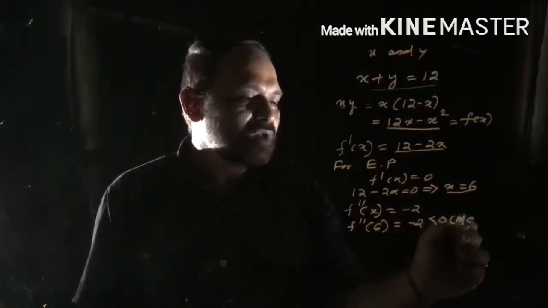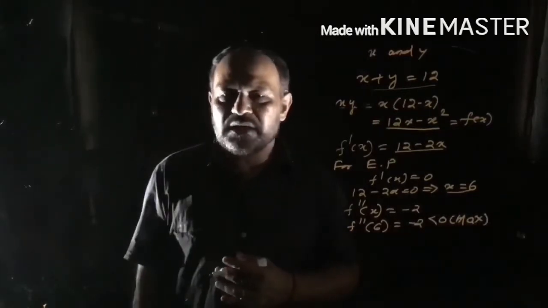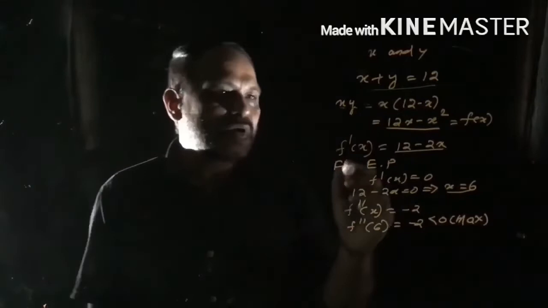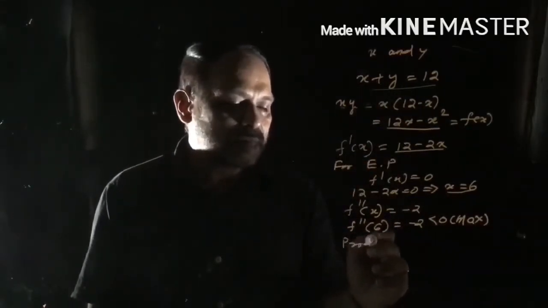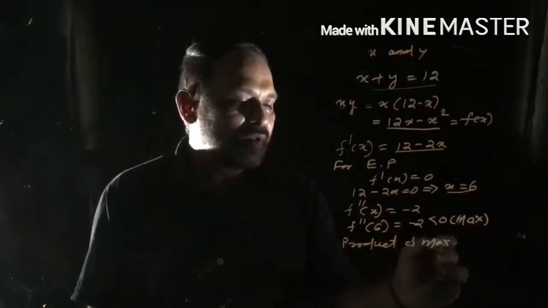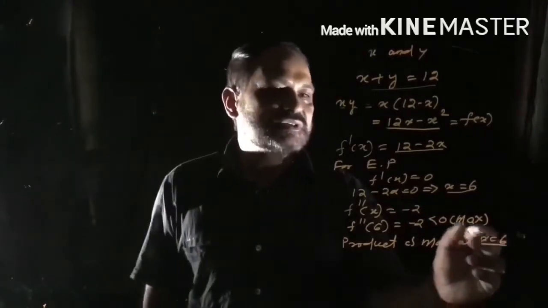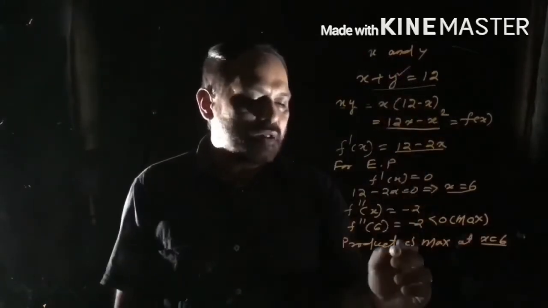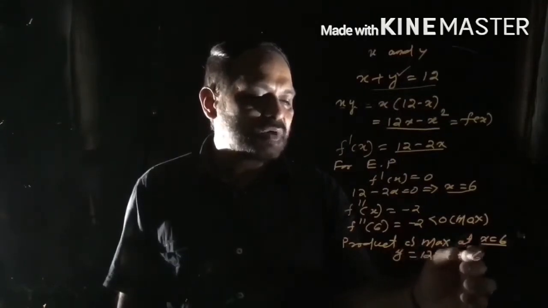Less than 0 means the function is maximum at that extremum point. Therefore, in this question, the product is maximum at x equal to 6. If x is equal to 6, then what is the value of y? y is equal to 12 minus x, that is equal to 6.